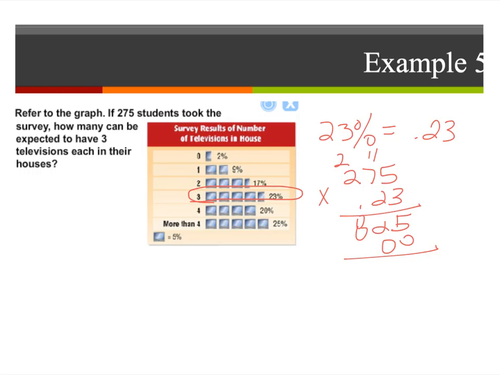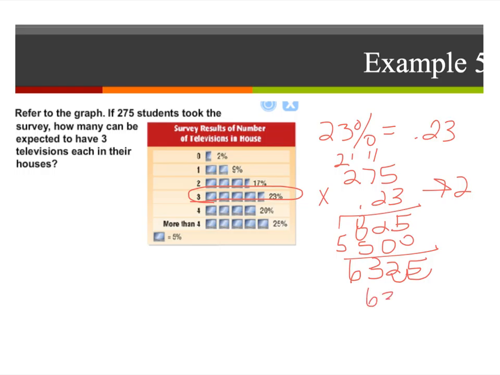Carry the 1. 7 times 2 is 14 plus 1 is 15. Carry the 1. 2 times 2 is 4 plus 1 is 5. Now I'm going to add this up. I get 5, 2, 13, and 6. Now I have 2 decimal spaces here, so I'm going to move it over 2.